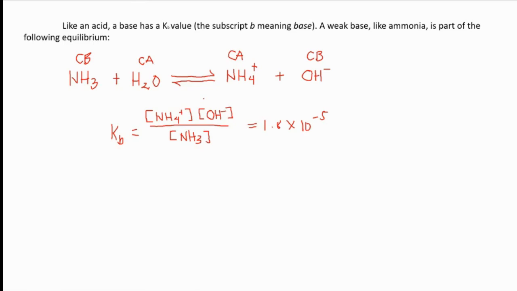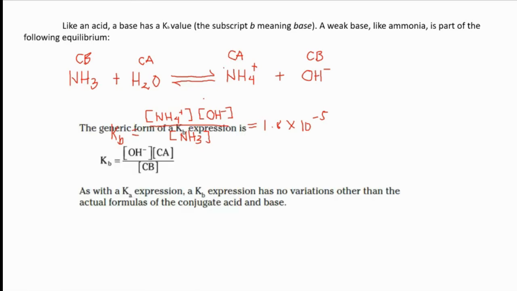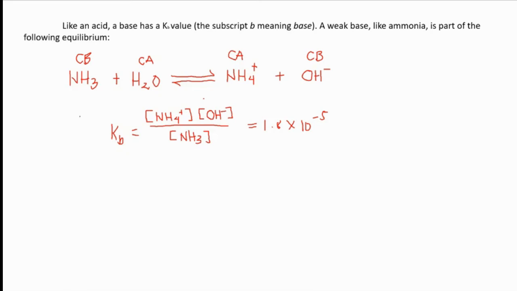Okay? So the general formula for the expression of Kb is equal to the conjugate acid times OH negative, divided by the conjugate base. When you have a reaction, determine which is the conjugate acid and which is the conjugate base.